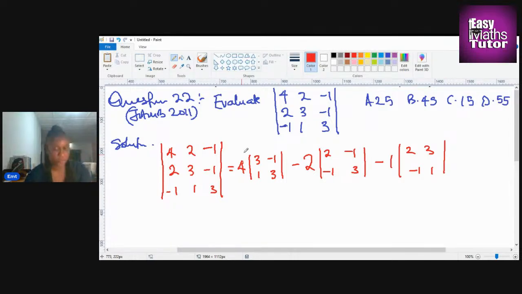Okay, so now let's resolve this into equations. We have 4 times 3 times 3 minus 1 times 1, right?